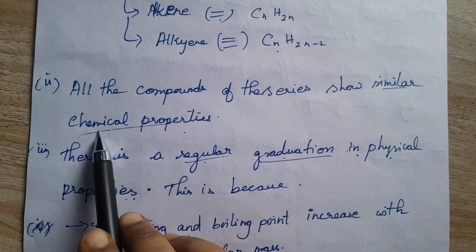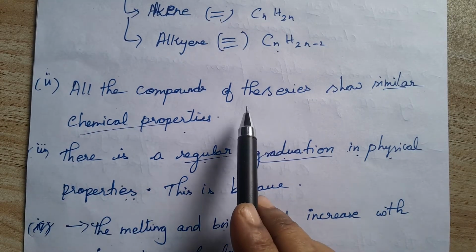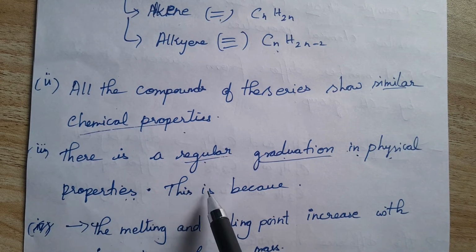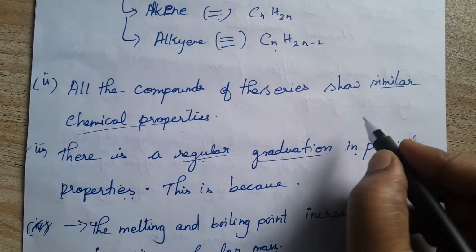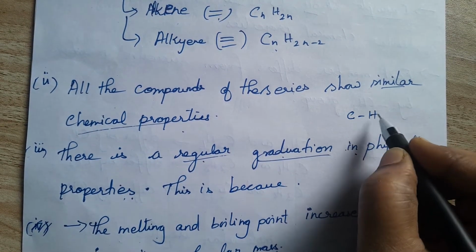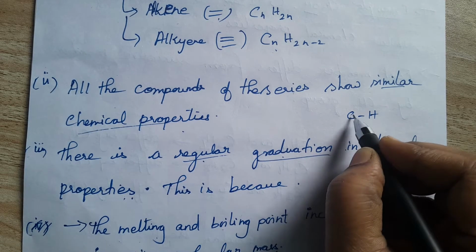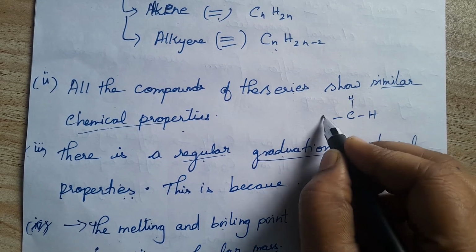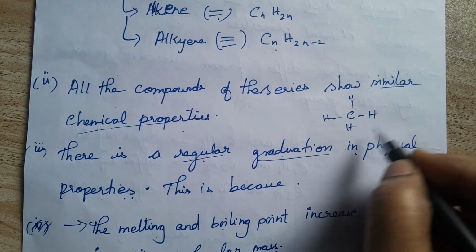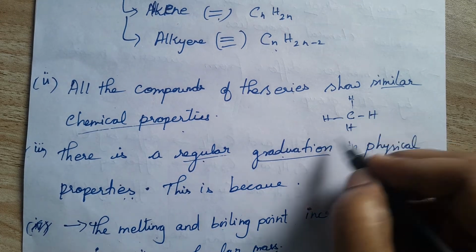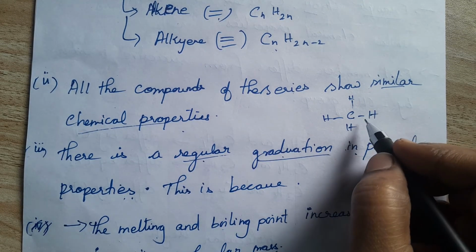The chemical properties will be similar, but the physical properties will change, because see, it is easy to break this bond, right? This is a simple bond, so we can easily break this by simple heating.